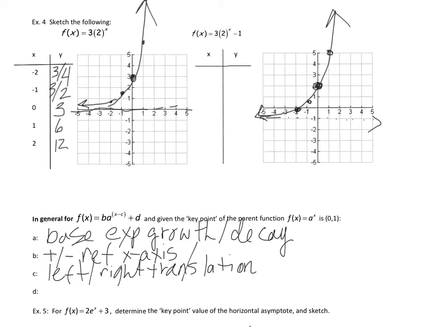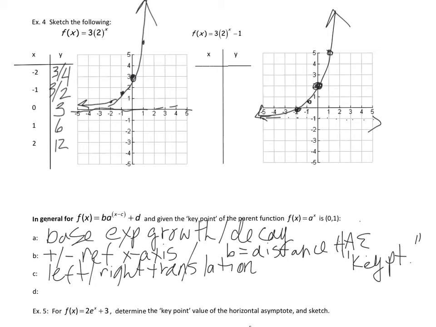So what B tells us is more importantly than just a reflection. So B equals the distance from the horizontal asymptote and what we're calling the key point.